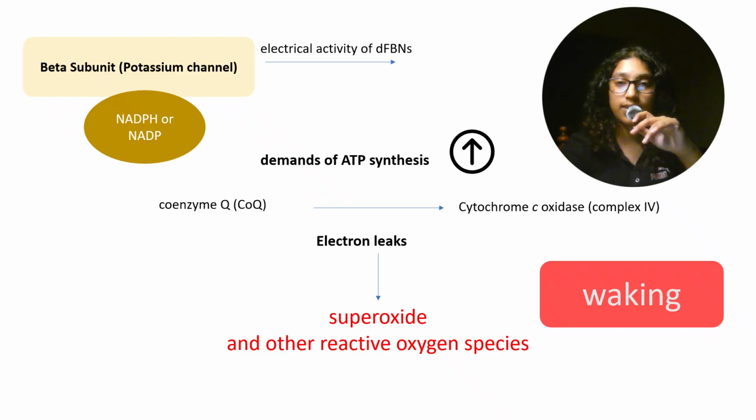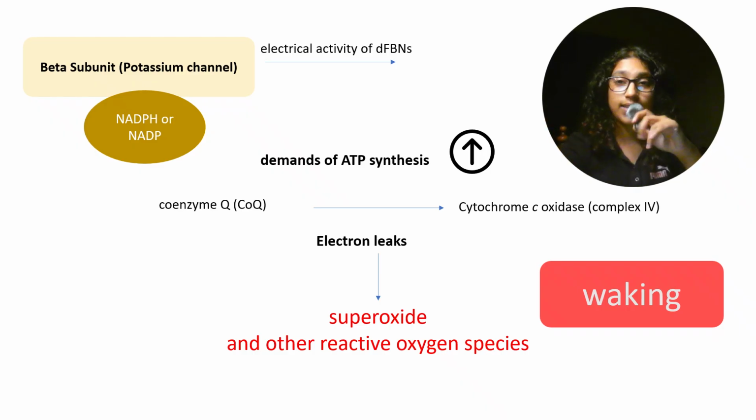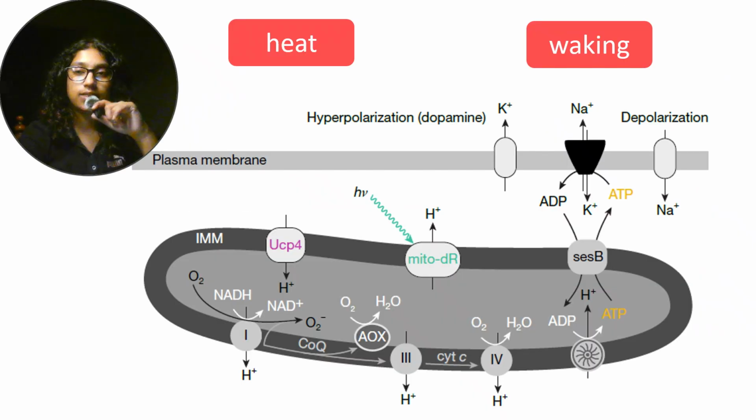And during the waking time, which is the prolonged resting, is the time where the ATP demand increases, thus the leaks, and more ROS is getting produced, and the opposite takes place while the flies are sleeping.